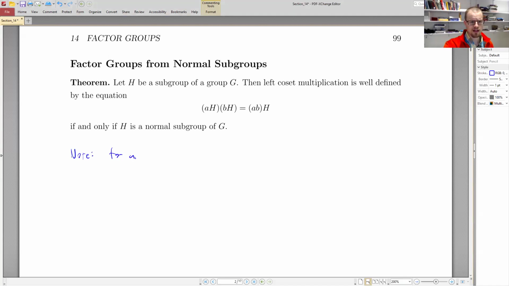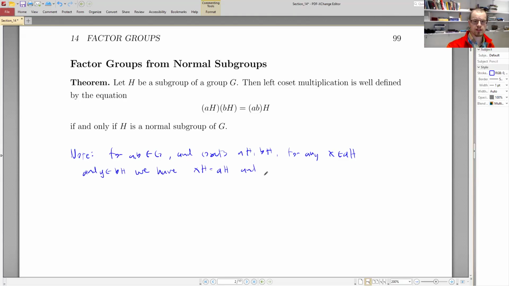So for a and b in the group G, and cosets aH and bH, for any x in aH and y in bH, we have, if x is in aH, then xH is the same as aH.